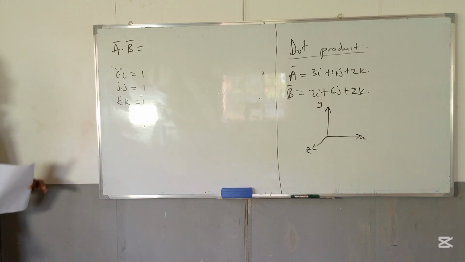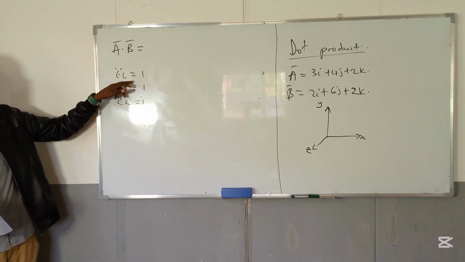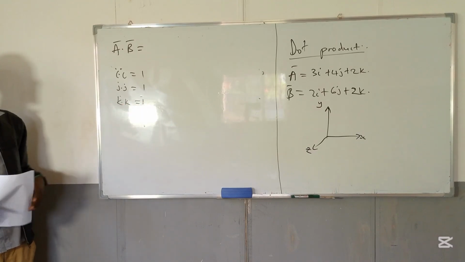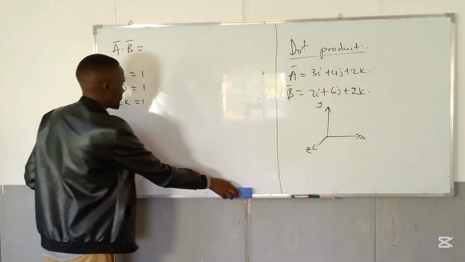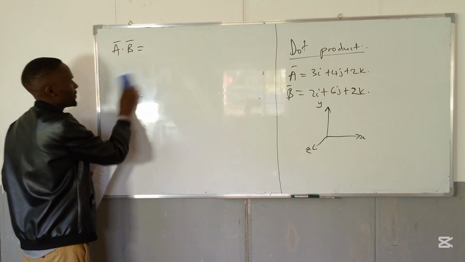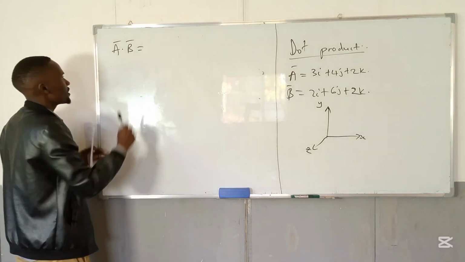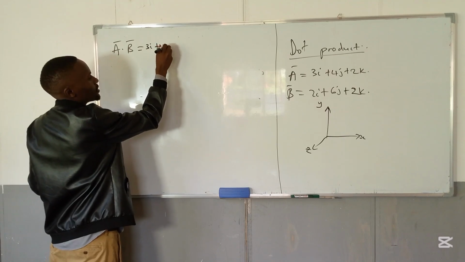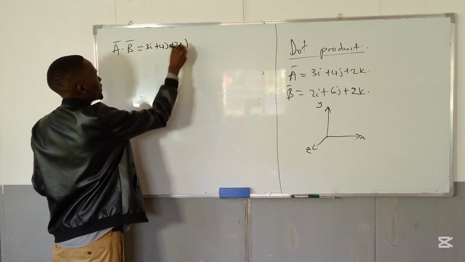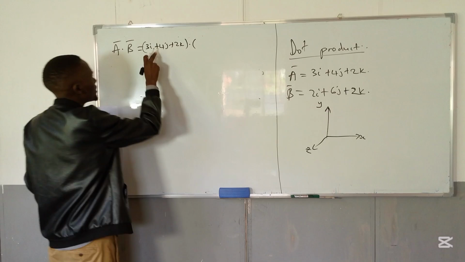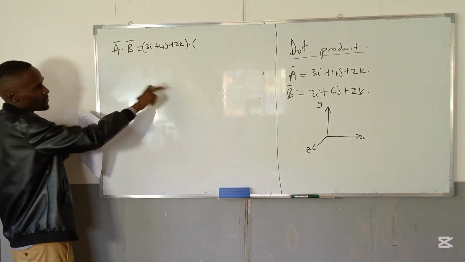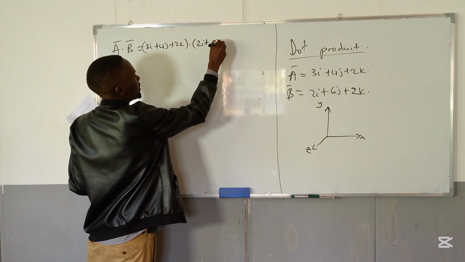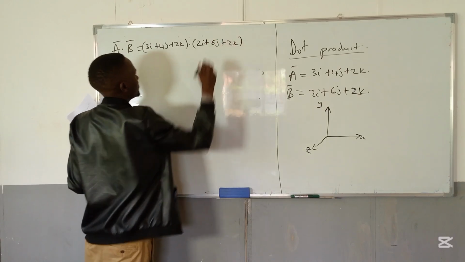Okay. So now let's work out our numbers here. We shall be having 3i plus 4j plus 2k dot, this is our A, dot B, whereby B is 2i plus 6j plus 2k.